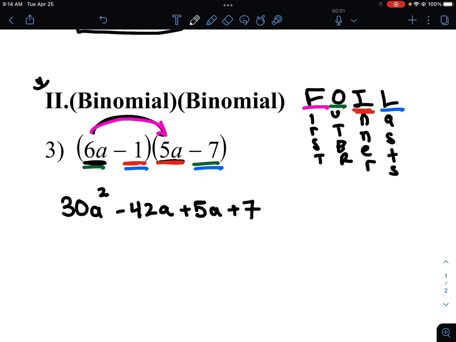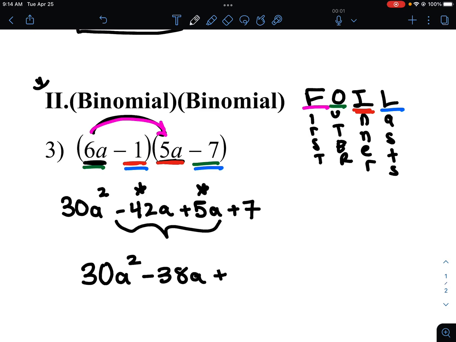And the last things we have not multiplied are the lasts, and that's negative 1 times negative 7, or positive 7. A lot of times when you do this, you can combine like terms. So remember, if they have the same variable with exponent, you can add those together, meaning our final answer is 30a squared minus 37a, sorry, plus 7.